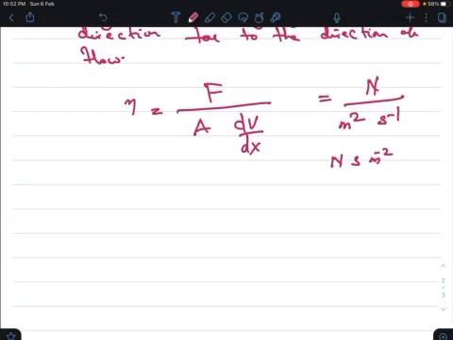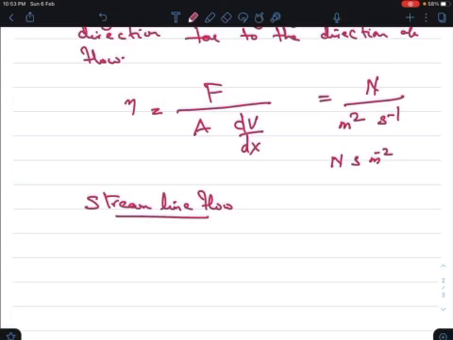Now what is streamline flow? Next is streamline flow. You have seen goats going in a flow, like they go in a crowd.